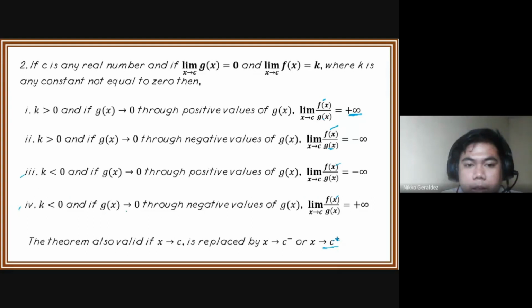And if g of x approaches 0 through negative values, then the limit as x approaches c is equal to positive infinity. So f of x is negative, g of x approaches 0 through negative values, so negative over negative is positive infinity.